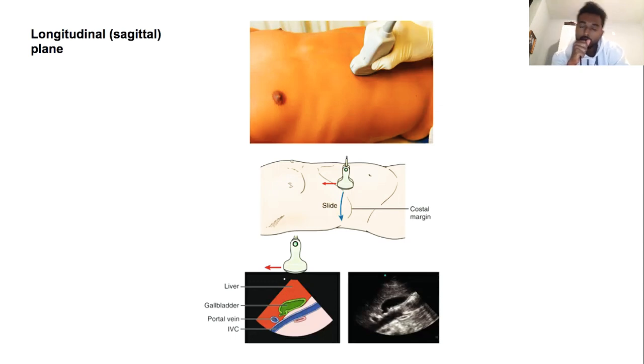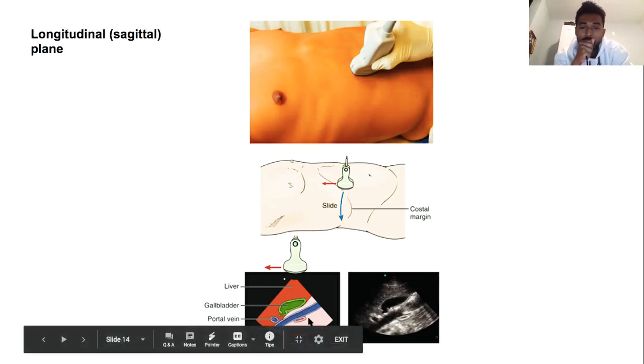Then you try to get sagittal scans. You place the transducer, as this person is doing, and move it right or left until you see the gallbladder in profile. By profile, I mean you see its entire length. This is going to be the plane.